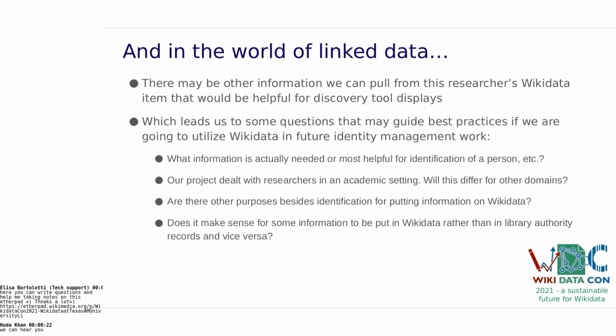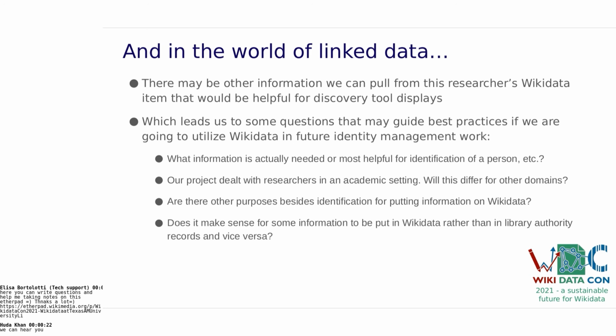So if we're going to incorporate Wikidata into our authority control processes, we agree that it's a lot easier. It could possibly lower the barrier for more people to participate in this activity, but there's going to be a need for best practices. So there will probably be a continuing conversation for a long time within the library community about this.